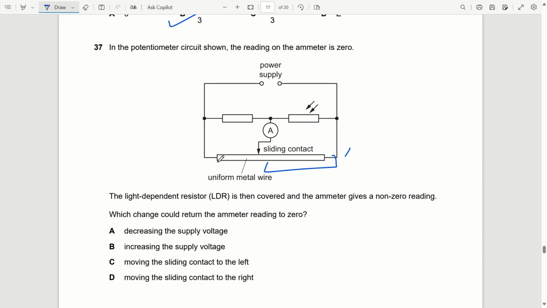If it is decreasing, then to balance it, meaning a reading of 0, you will decrease this length so that the potential difference will be reduced, because potential depends on the length. More the length, more the resistance, more the potential difference. Less the length, less the resistance, less the potential difference. So it will be moved toward the left. So option C is the correct one.